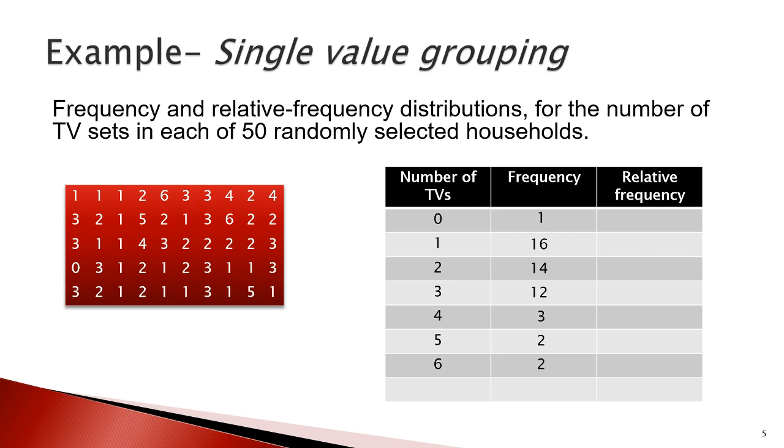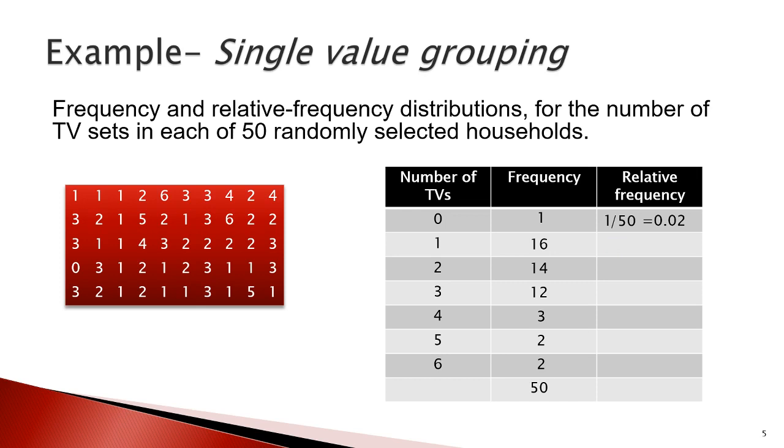I discussed the formula to calculate the relative frequency in an earlier slide. It's frequency divided by the number of observations. So we can calculate the relative frequency of 0 TVs by 1 divided by 50, which is 0.02.